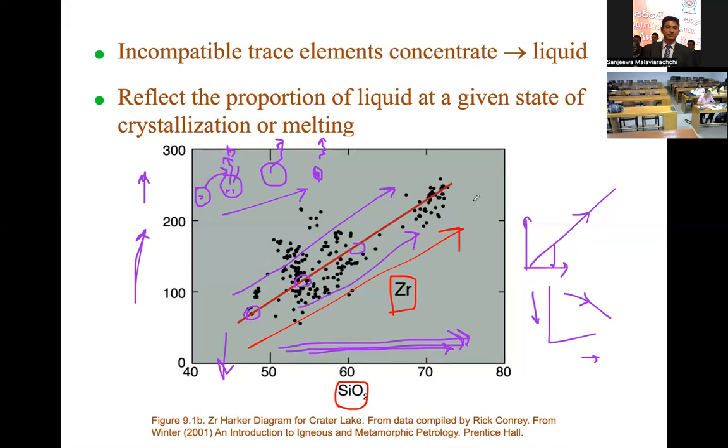In any case, if you happen to have a very compatible mineral for zirconium, right? That means zirconium is preferentially going into that particular mineral solid phase, then definitely you will see a drastic increase of zirconium like this in your graph. But in this graph, you don't see such.